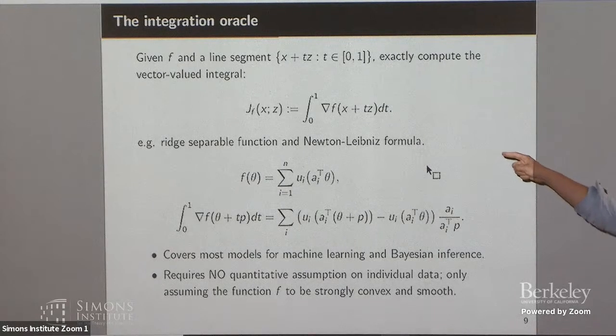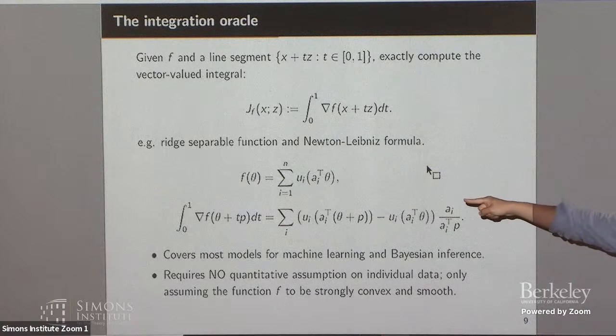In order to be able to compute this type of integration, one example is you can just assume the function to be of ridge separable form. You can think of it like a generalized linear model, like logistic regression.